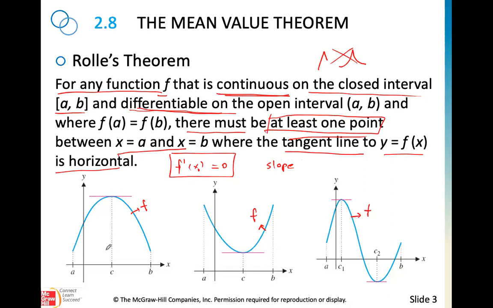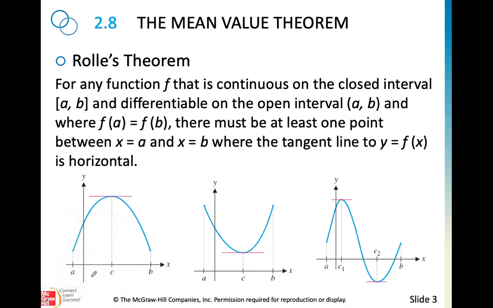Not clear? I'm waiting for your answer. The question is, one more time: if I have this case at this point, if I have a horizontal line, can I say that f prime at c equals 0?